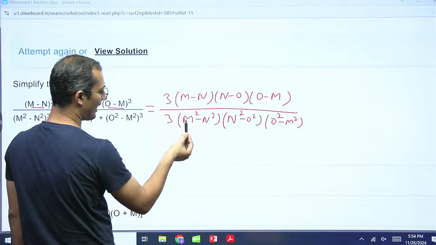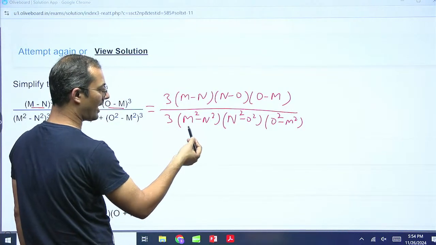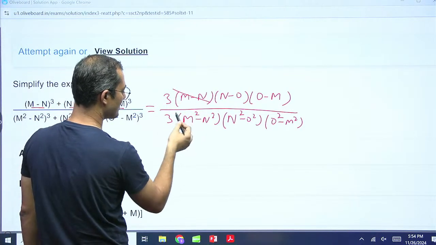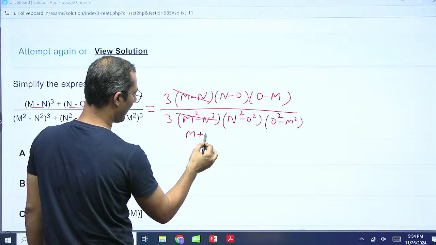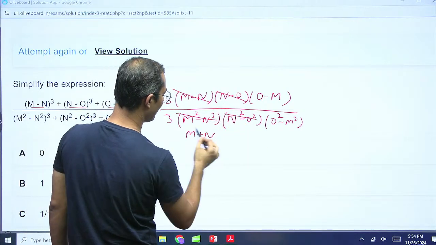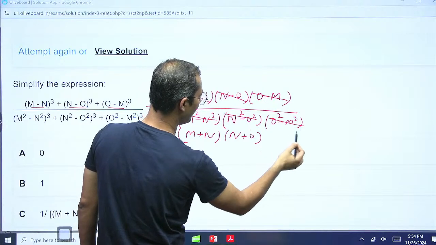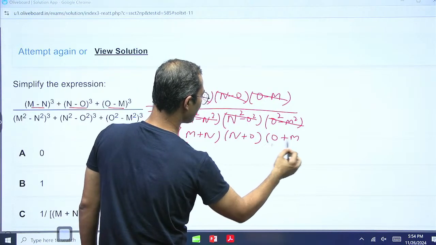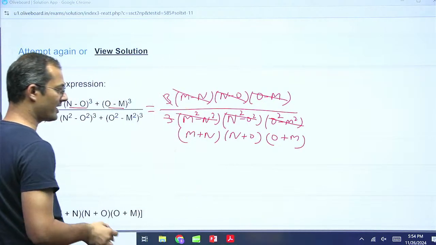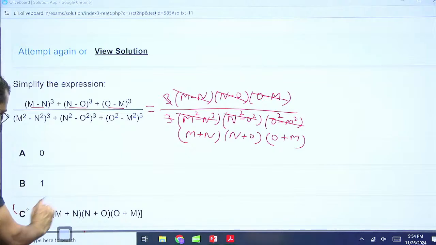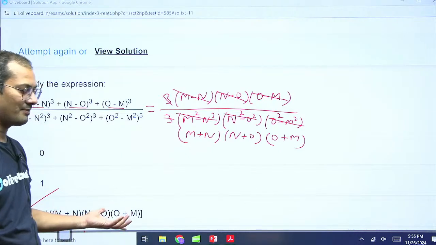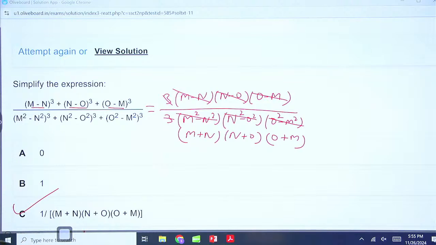So M square minus N square is going to be M minus N, M plus N. So this is cancelled by M plus N term, this is cancelled by N plus O term, and this is cancelled by O plus M term, right? So 3 cancelled. So we can say that 1 upon 1 plus M into N plus O plus M is the right answer. C part is the right answer.